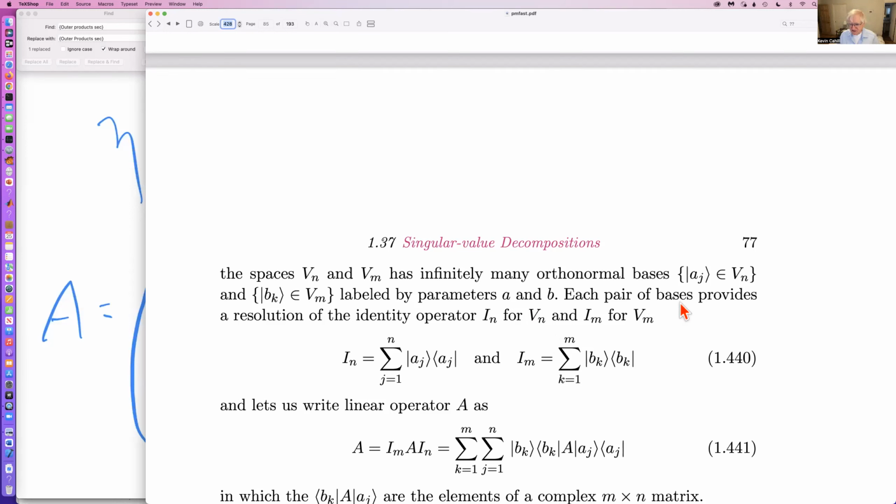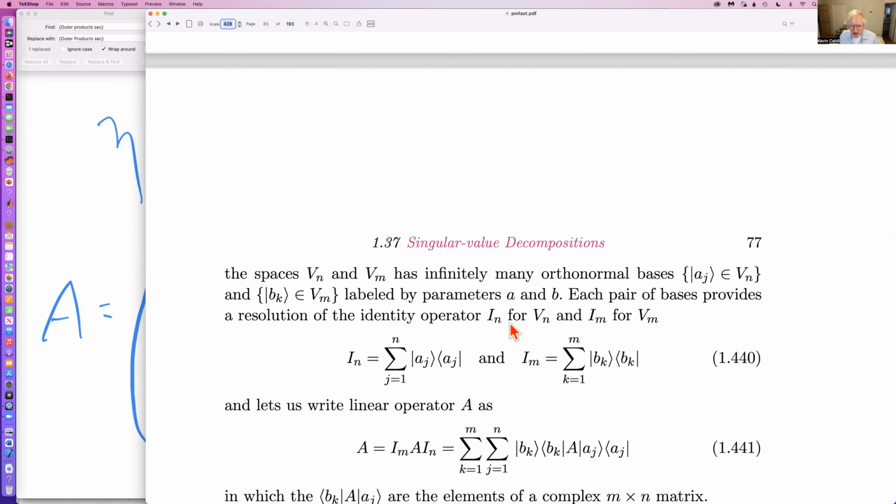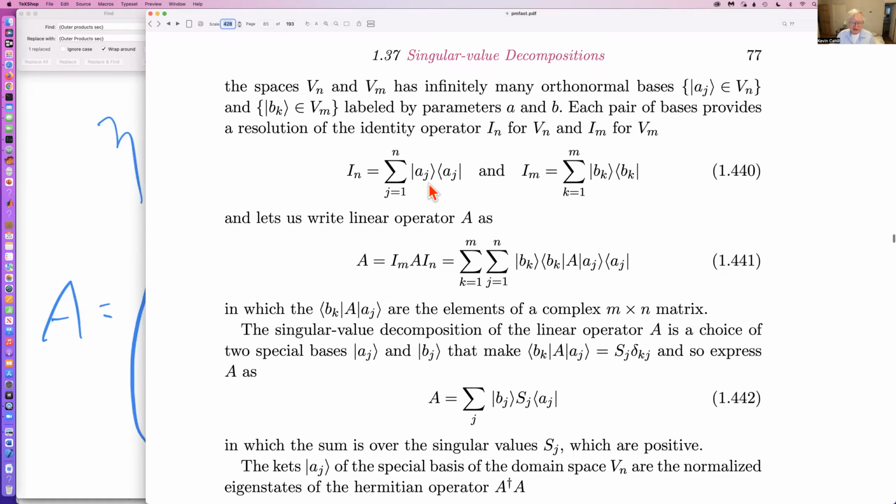Each pair of bases provides a resolution of the identity operator, I_n for V_n and I_m for V_m. And so we can write I_n as the sum of outer products |a_j><a_j|, and I_m as the sum of outer products |b_k><b_k|. Notice how Dirac's invention of the bra is so useful. And of course, he also invented the ket. But this is such a nice notation.